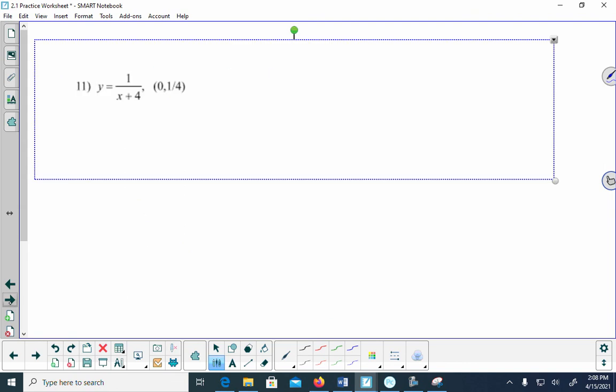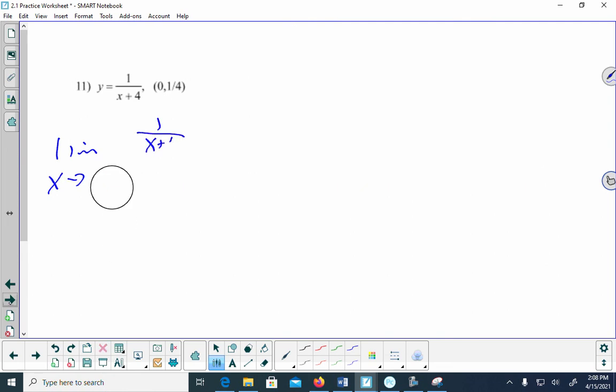So number 11, same thing. So I'm going to do the limit as x approaches 1/4 of 1 over x plus, no, x approaches 0, Mrs. Ward. X approaches 0 of 1 over x plus 4 minus 1/4 all over x minus 0. I'll write minus 0, but I'll fix it in a second.